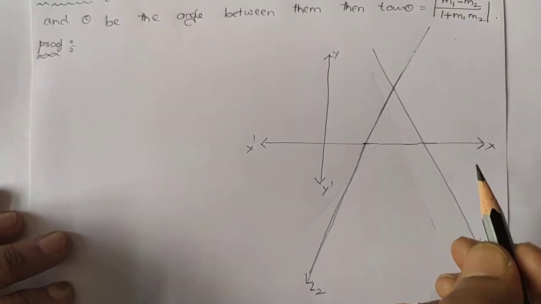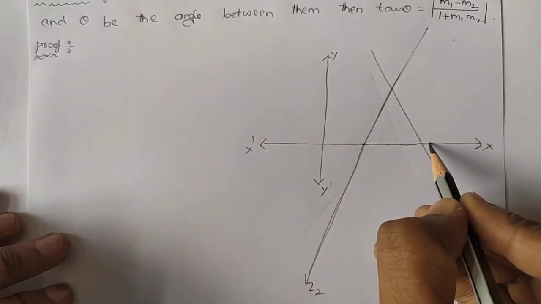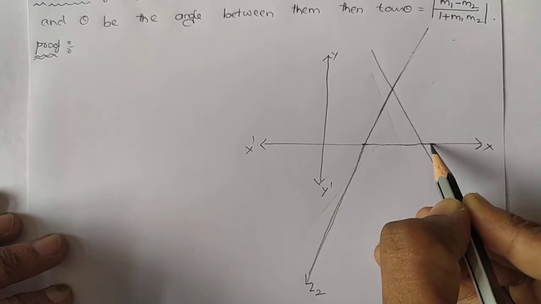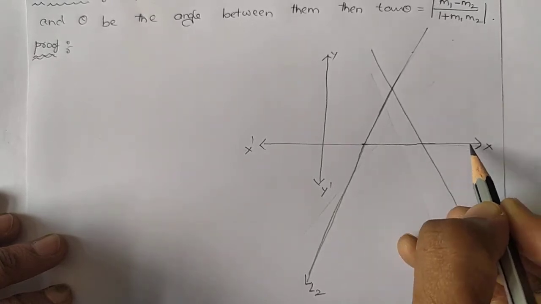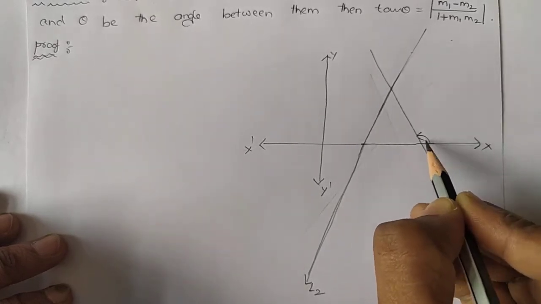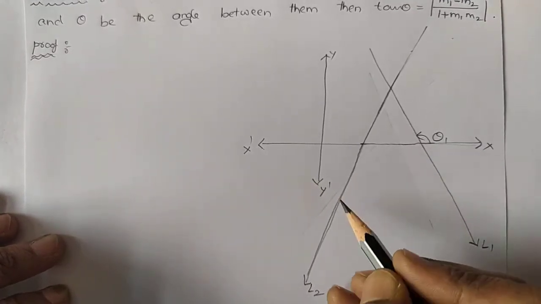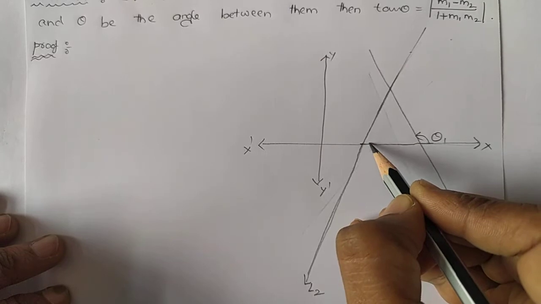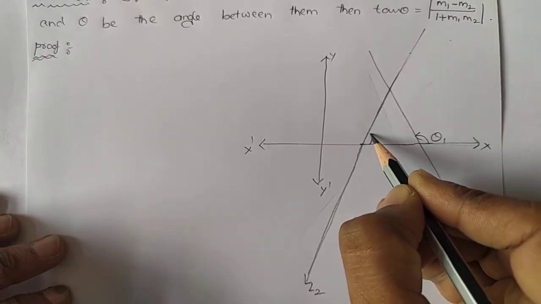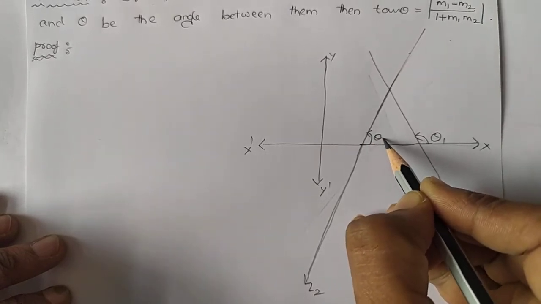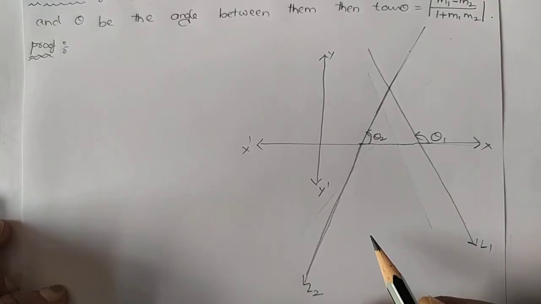Now, the line L1 makes the angle theta 1 with the positive direction of the x-axis. Similarly, the second line makes the angle theta 2 with the positive direction of the x-axis.